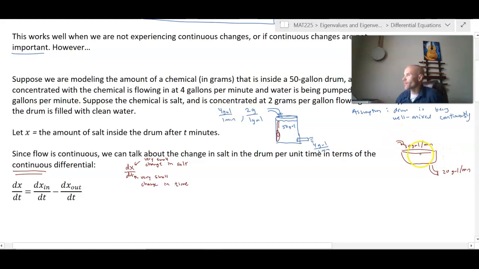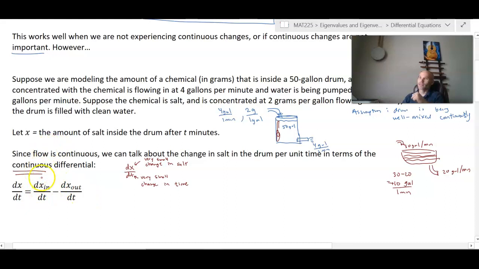Well, water's coming in faster than it's going out, and 30 minus 20 is going to be 10, positive 10. I'll put a positive on there to emphasize that every minute I'm going to have 10 more gallons inside of that tub, relative to where if I took snapshots every minute there would be 10 more gallons of volume. We'd start off with however much water we had, then 10 gallons more, 10 gallons more, until eventually that tub would overflow. Same kind of concept here.